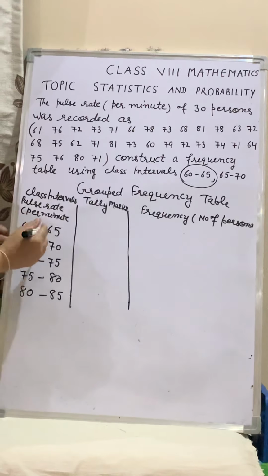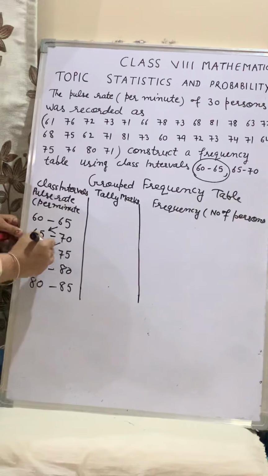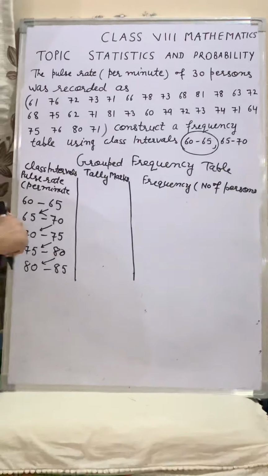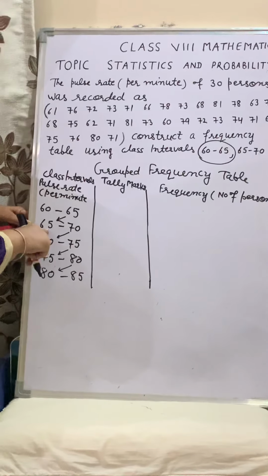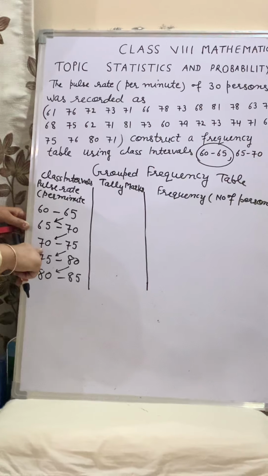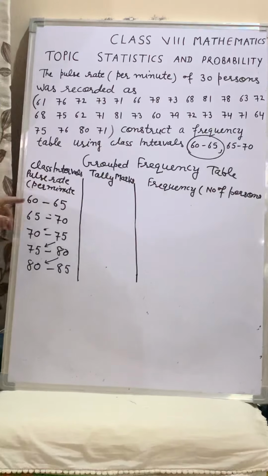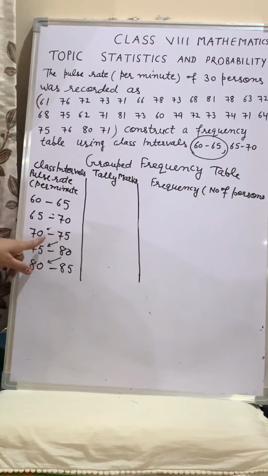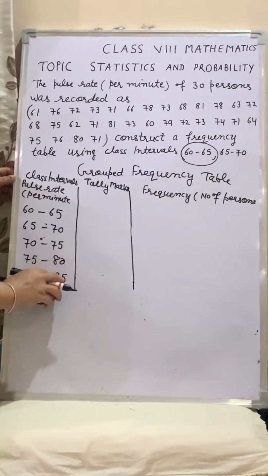The upper limit of the first group is the same as the lower limit of the second group, and the upper limit of the second group is the same as the lower limit of the third group. The class size is the same: 70 minus 65 is 5, 75 minus 70 is 5. You have to take the class size the same.